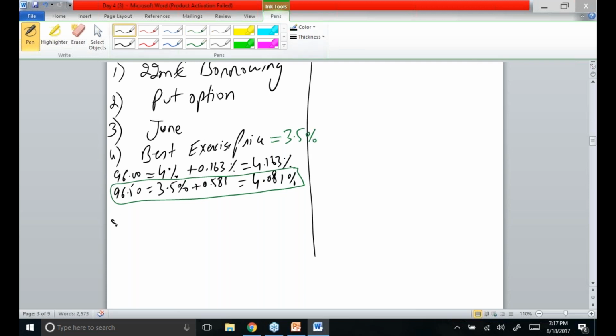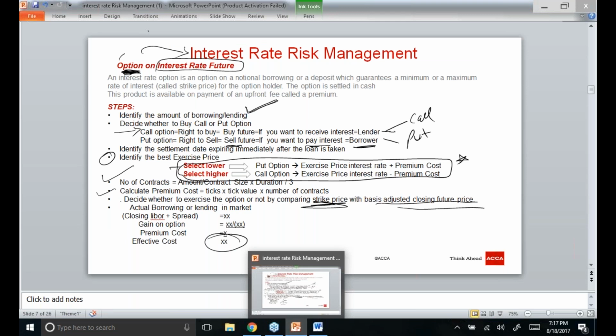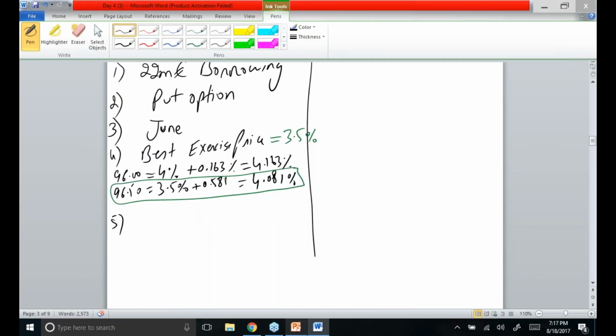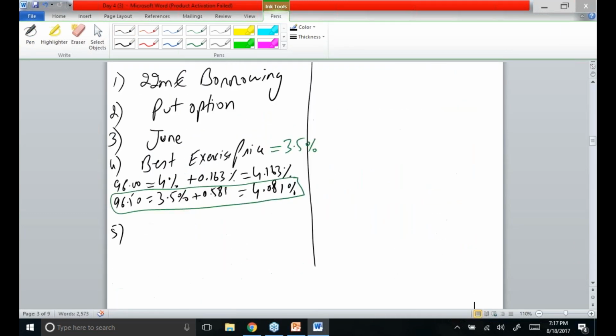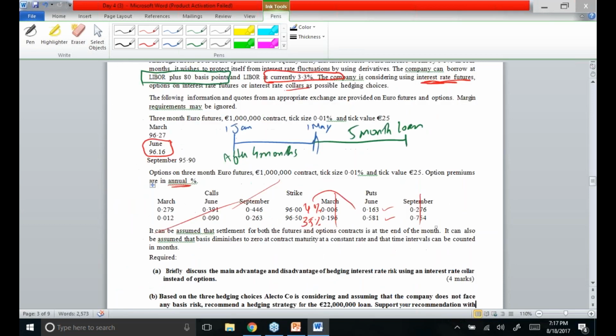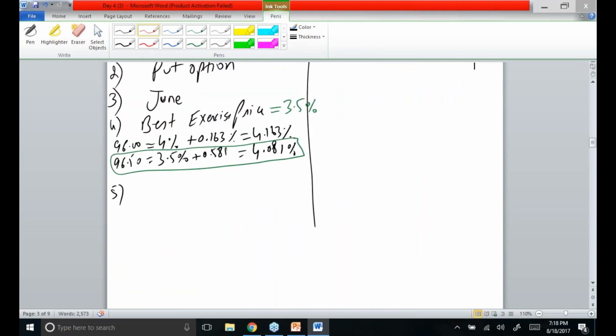Okay, the next step is, what was the next step? Number of contracts and the premium cost. If contract size is same, number of contracts are same. Contract size is same. So the contracts are, what was the contracts in previous future part?